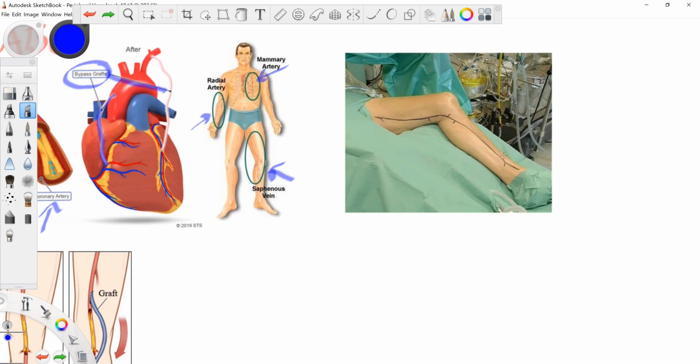Now, this is important for them to know. I don't know exactly what they're doing with this patient, whether or not they're going to remove this entire saphenous vein, great saphenous vein. You can see it traveling in a very typical location along the leg here, past the knee. And from here, it can kind of go this way, it can go this way. It could do both, depending on the person's anatomy.